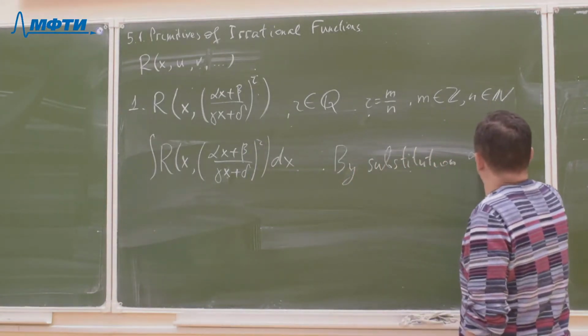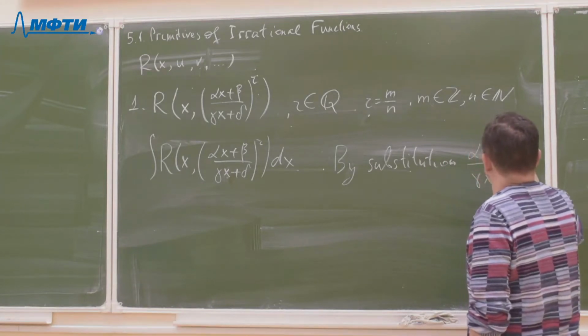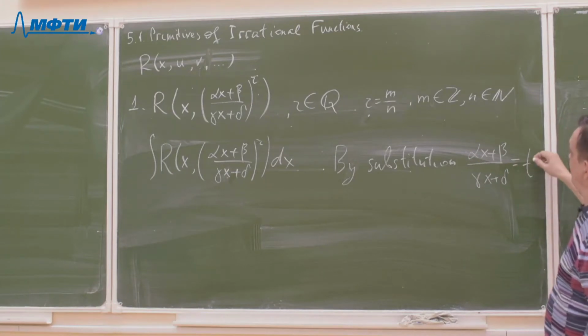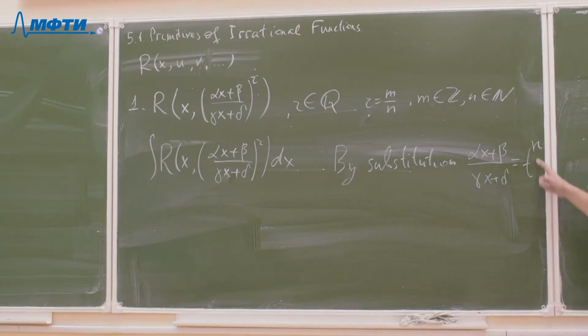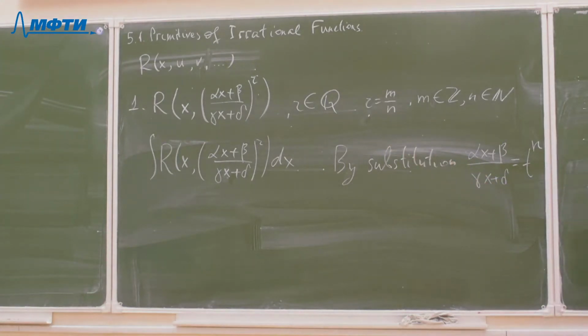Namely, (alpha x plus beta) over (gamma x plus delta) equals, let's say, t to the power n, where n is the denominator of our rational number.